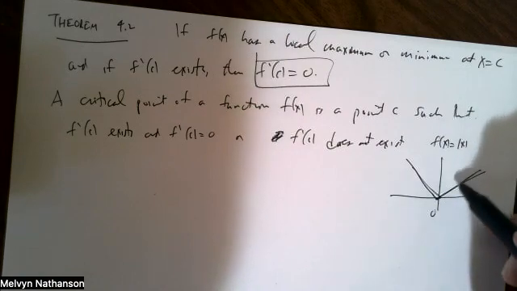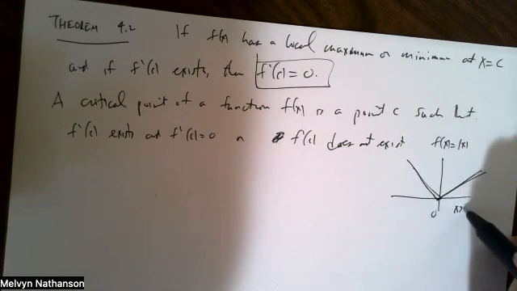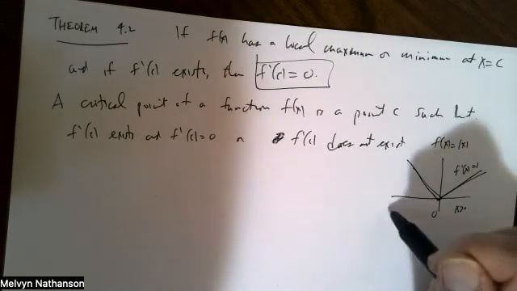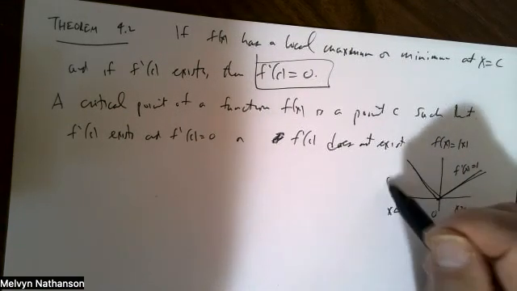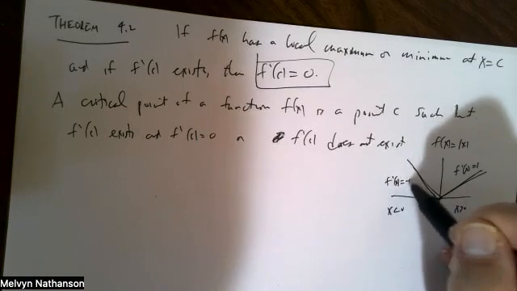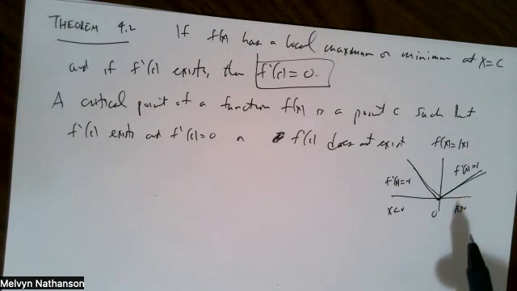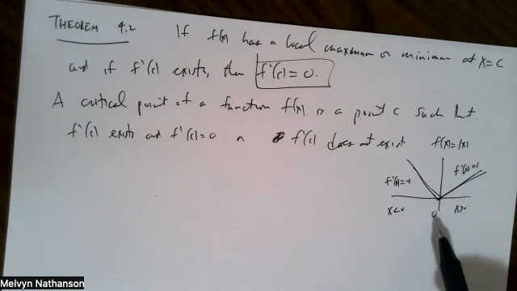Everywhere else, for x greater than 0, the derivative exists and is equal to 1. For x less than 0, the derivative exists and equals -1. So the derivative of this function is never 0. But there is one point where there is no derivative, x equals 0. The point x equals 0 is a critical point.